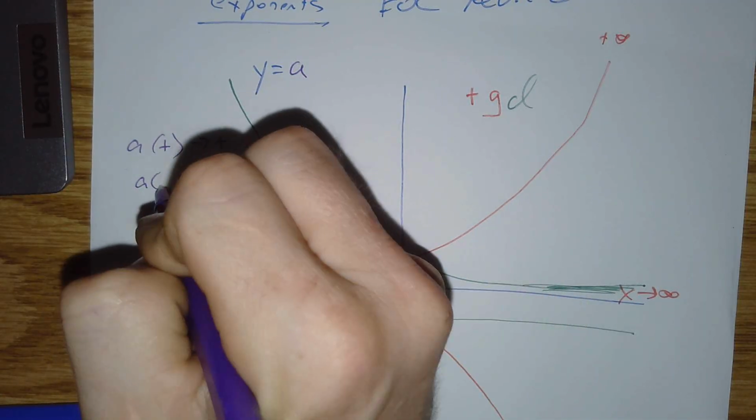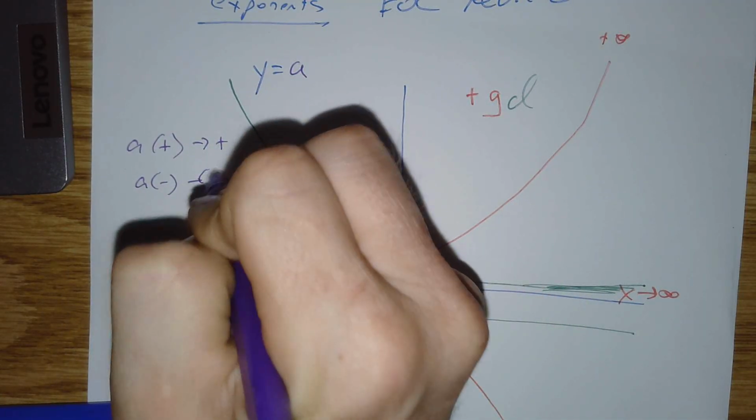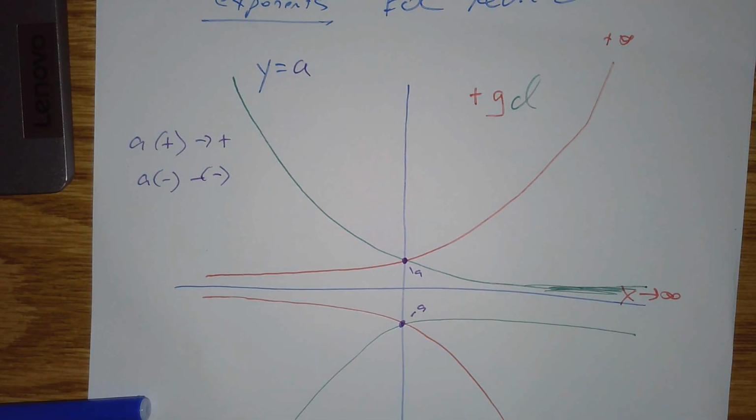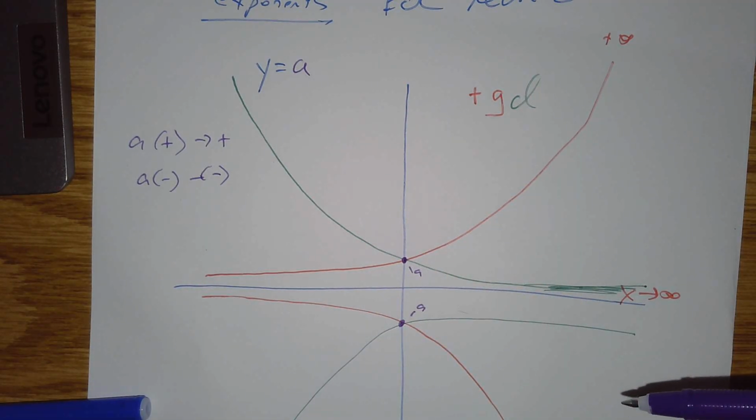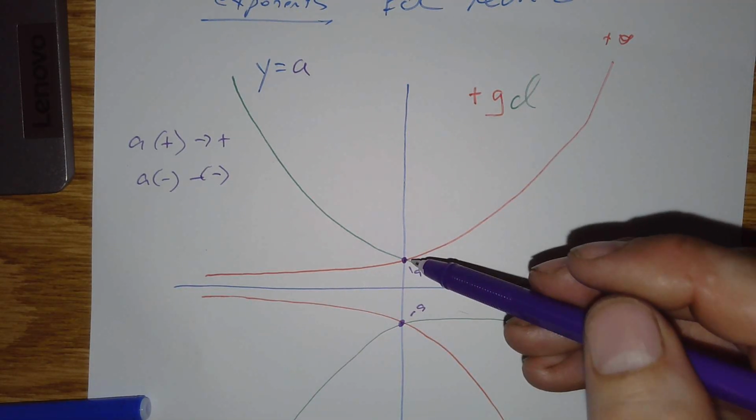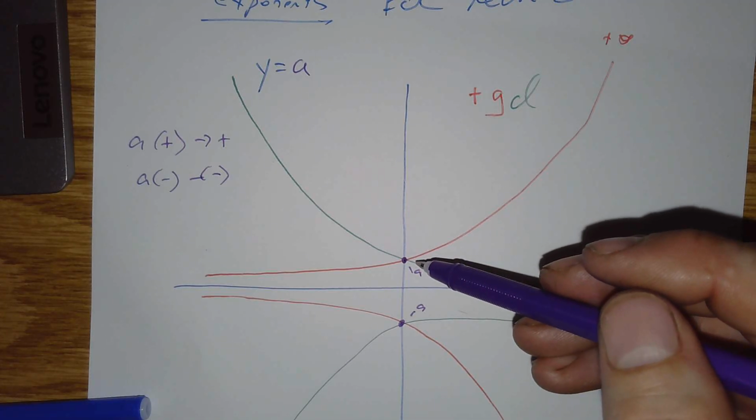If a is negative, it's negative. So the sign of a is going to tell you on what side of the x-axis it's going to be. And it's also the value of y when x equals 0, that's your y-intercept.